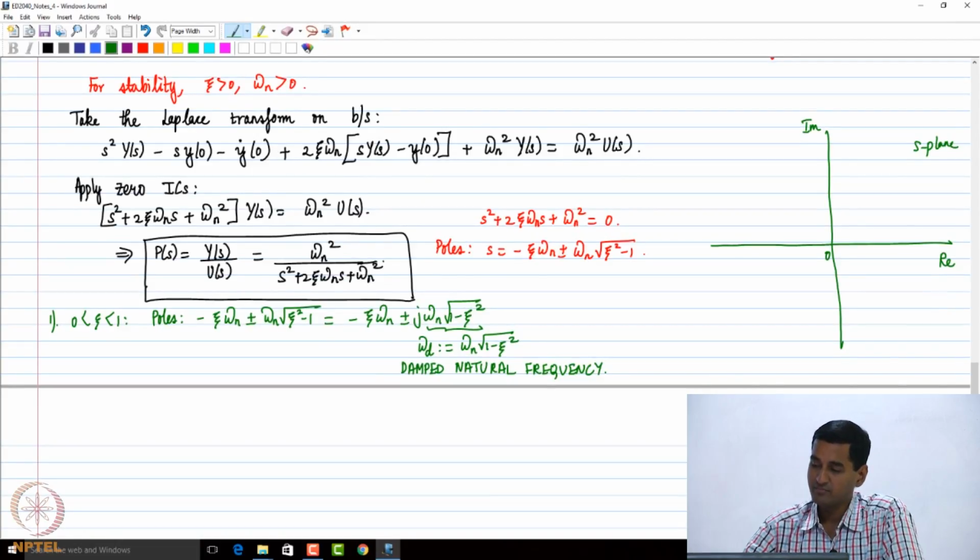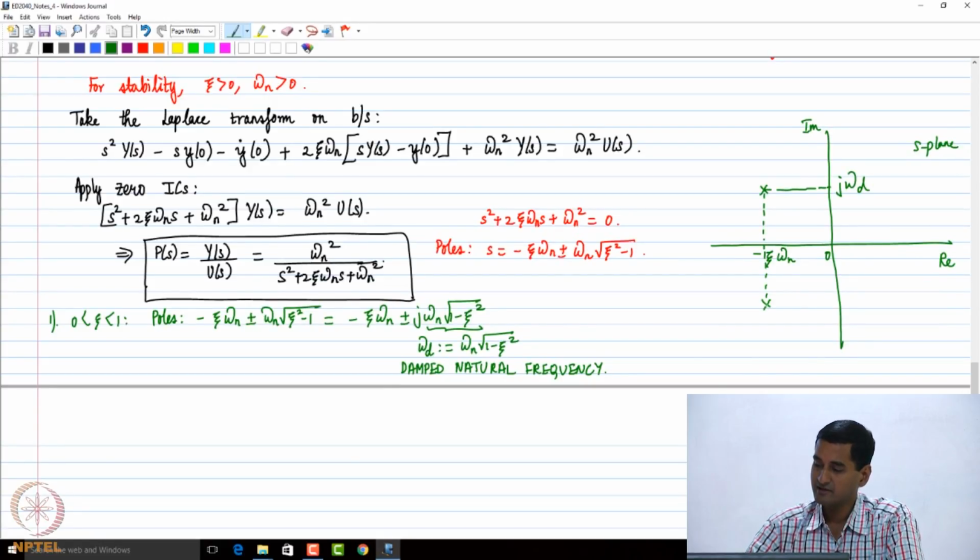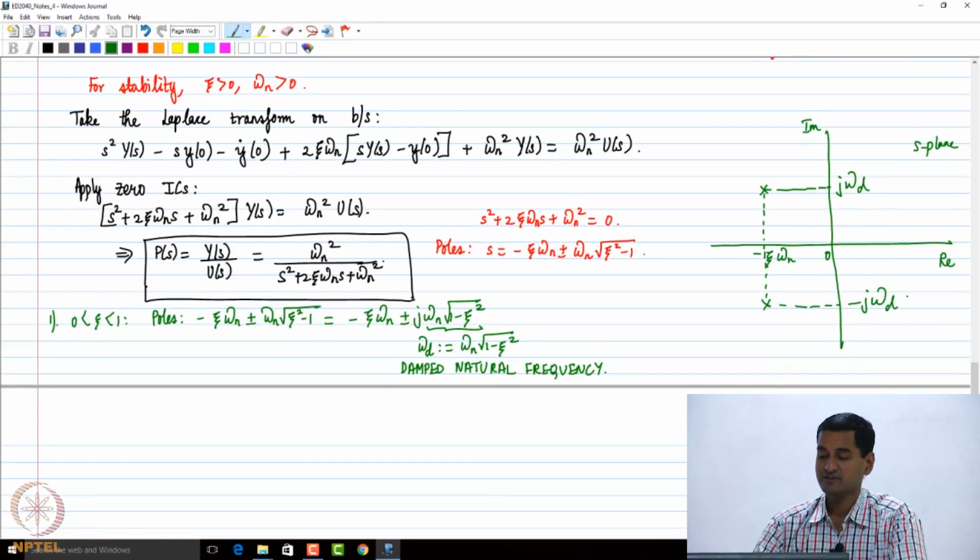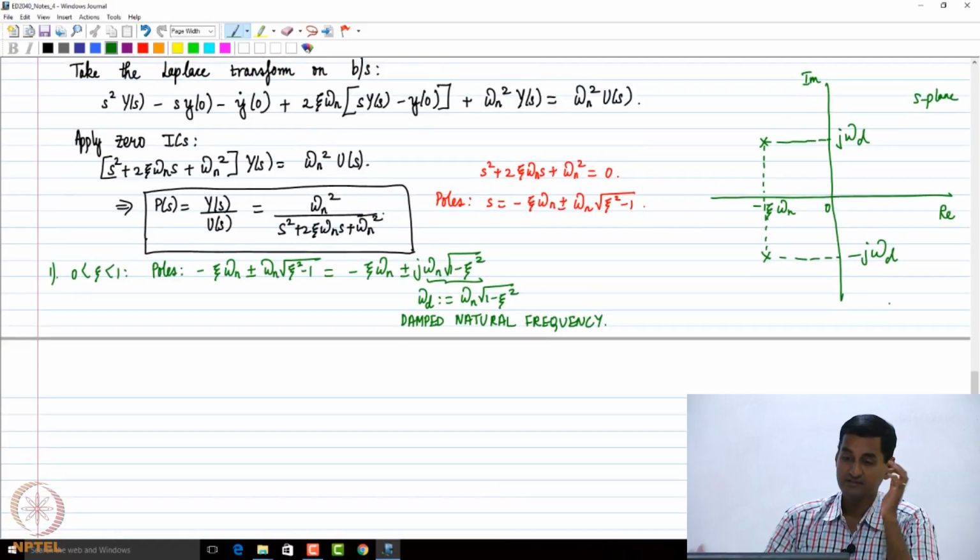If you plot it on the complex plane, we are going to have a pair of complex conjugate poles. The real part is going to be minus zeta omega n, and the imaginary part is going to be plus or minus j omega d. So that's what we are going to have as far as this particular case is concerned.